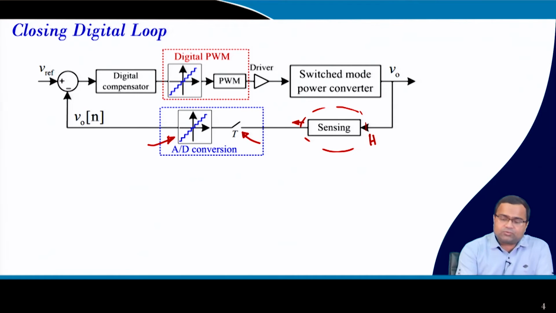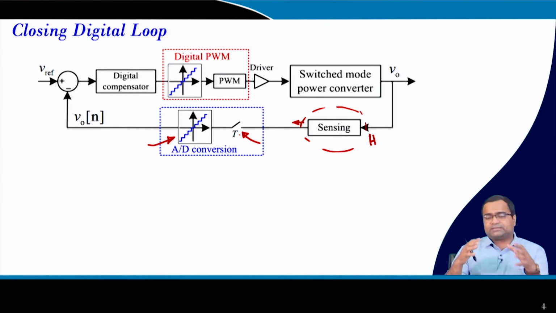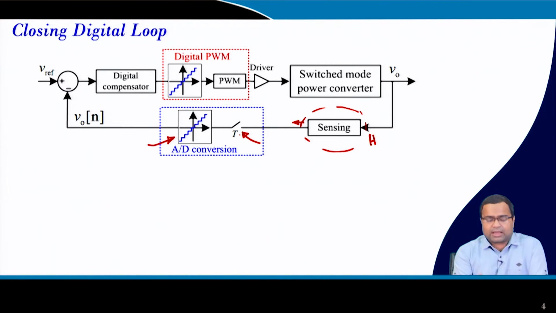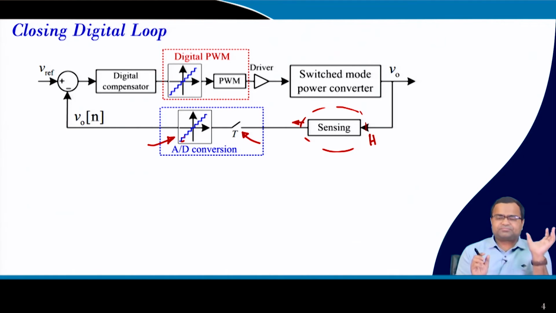Once we sample, the sampled signal has to go through a quantizer, because in the ADC there is a finite number of bits, whether we are talking about an 8 bit ADC, 9 bit ADC or 6 bit ADC, and we know about the resolution of the ADC. So the ADC discretizes in amplitude also, because it has a finite resolution, and depending upon the number of bits we can define the quantization voltage level.